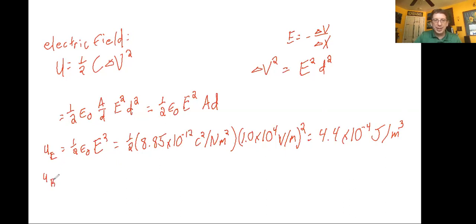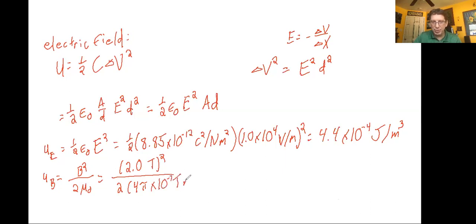Now we're going to look at the magnetic field. So that's B squared over 2 mu naught. So a 2.0 Tesla magnetic field. Let me just double check that that's the right number. Yes, 2.0 Tesla magnetic field divided by 2 times 4 pi times 10 to the negative 7 Tesla meters per ampere.